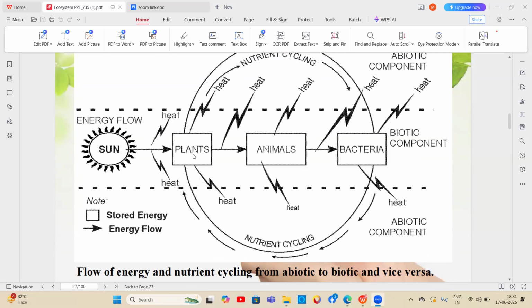After synthesizing the food materials, these plants, which are producers, utilize some energy for their metabolic activities, and some energy is lost in the form of heat. While transferring from the plants to animals, when the animals feed on these plants, only a small amount of energy is transferred. So the plants have more energy when compared to the consumers.